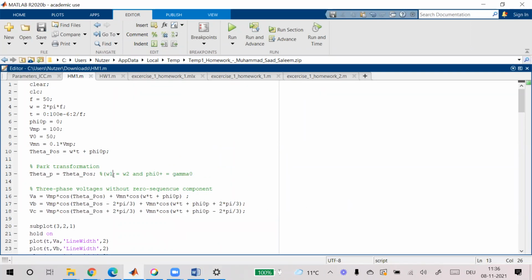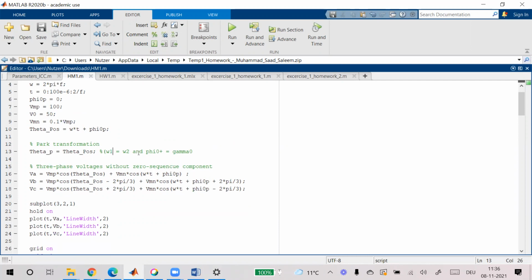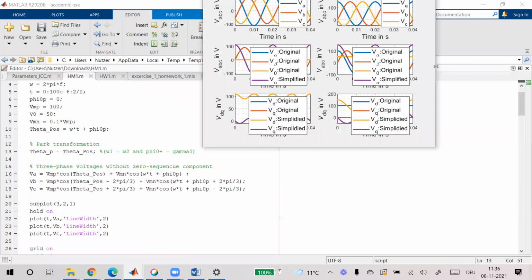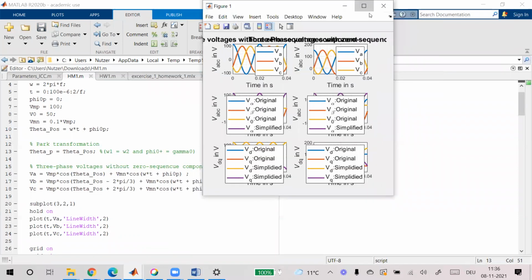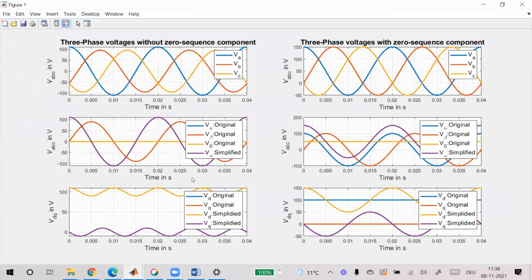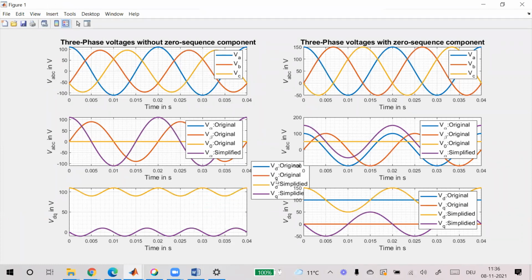Okay. So in this case, you said it will be only AC, right? Yeah, you are wrong. It will have DC also. Why would it only have AC? If you have positive sequence, the positive sequence fundamental will have DC also, right?